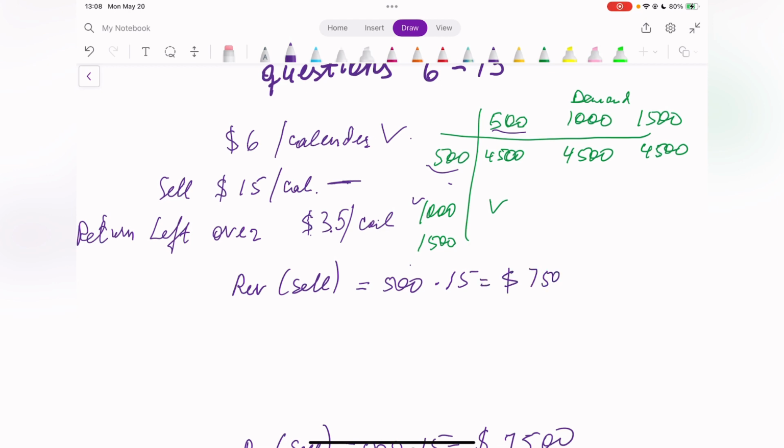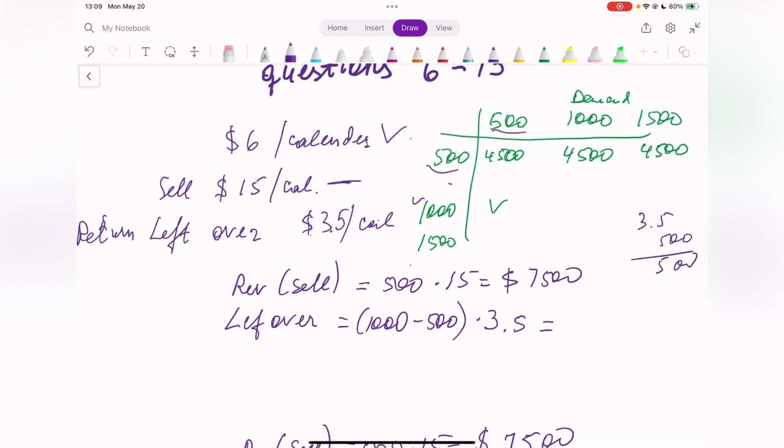And leftover is 1,000 minus 500, so 500 total, times $3.50. 500 times 3.5 is 1,750.